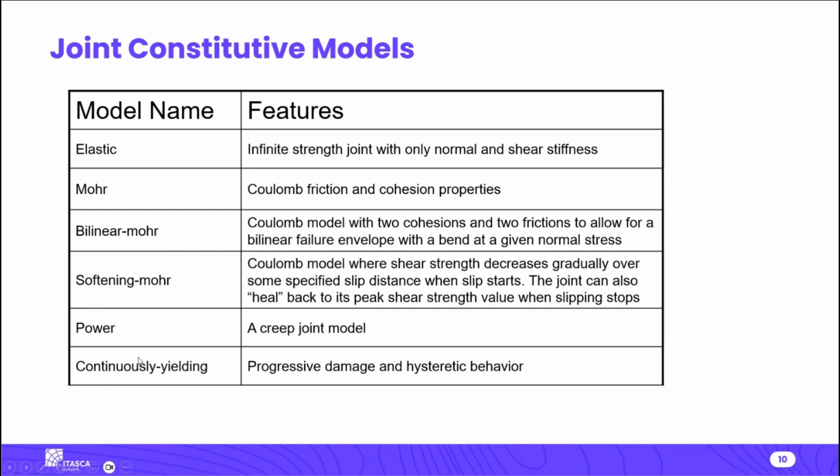Continuously yielding is a model where the properties are continuously changing as the joint is shearing. You will have to read about this in the manual. It's a little bit more complicated. There are a lot of properties here, but it is useful if you want to get into the details of how a joint behavior might evolve as it's shearing. Most of the time, people are just using the regular Mohr-Coulomb model, and that's what I'll mostly talk about here.